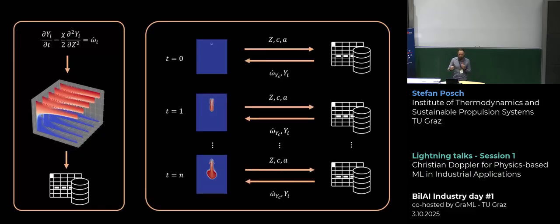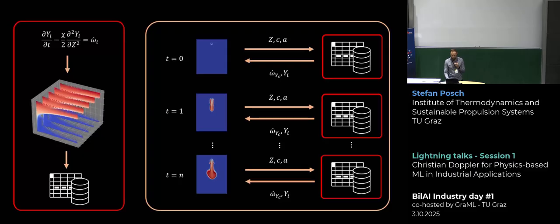At each time step of your simulation, you go into the table, look, okay, where is my flame, or what is the property of my flame, and put it back into your numerical simulation, and then you go further in time, and you describe your flame.